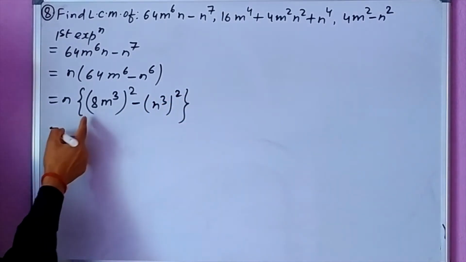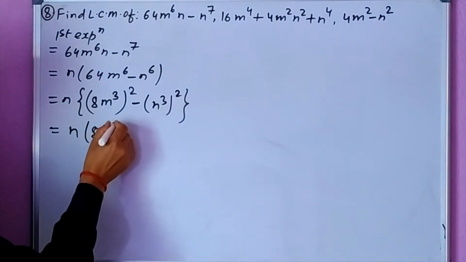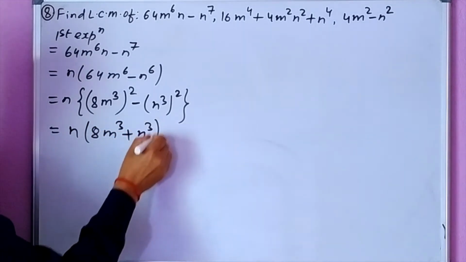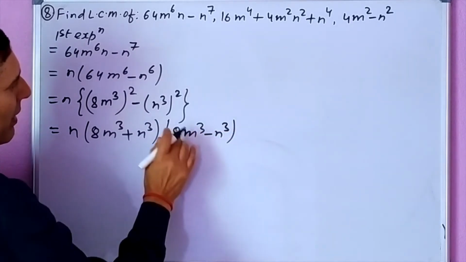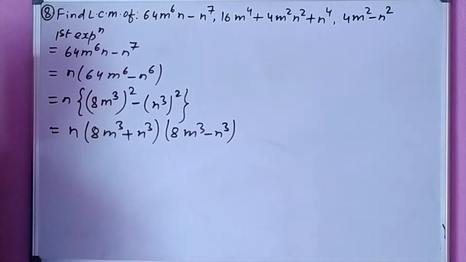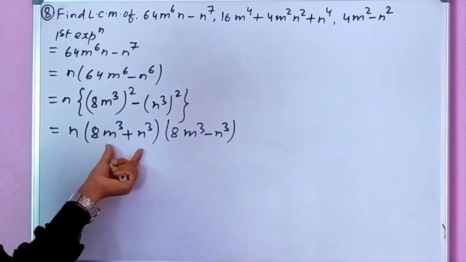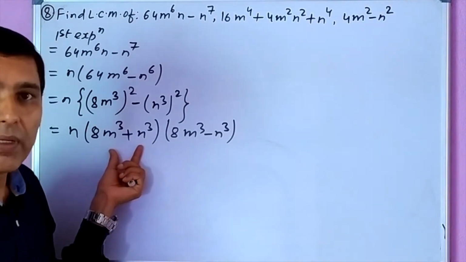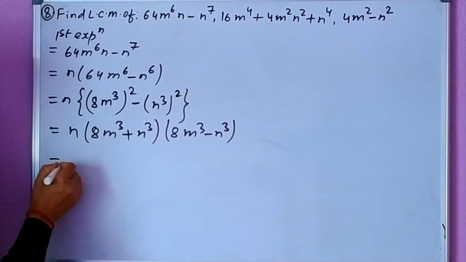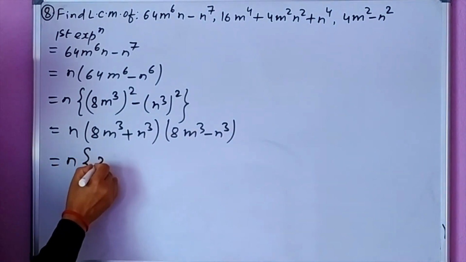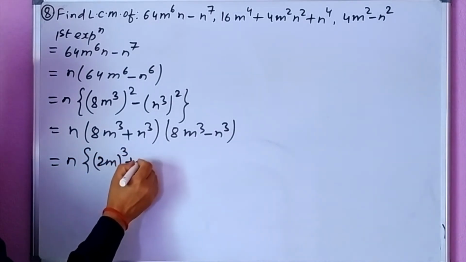So first we use the formula a square minus b square: 8m cube plus n cube, a plus b, and 8m cube minus n cube, a minus b. Now after using the formula, the first bracket is in the form of a cube plus b cube. The second bracket is in the form of a cube minus b cube. So again we can factorize it by using the formula. It is cube of 2m and it is n cube.